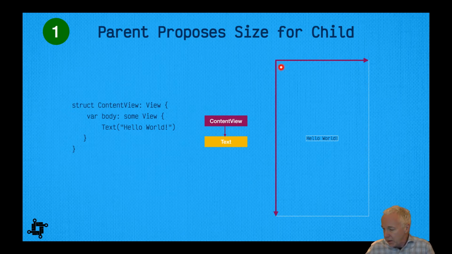We're saying that parent view, the content view, represents the entire display of the iPhone. So it's going to propose a size to its child view and say, hey, you can take up the entire display of the iPhone if you want. That's the initial proposal of a size in this case.